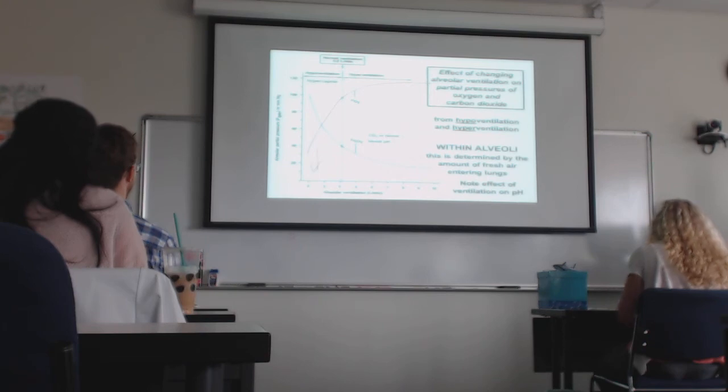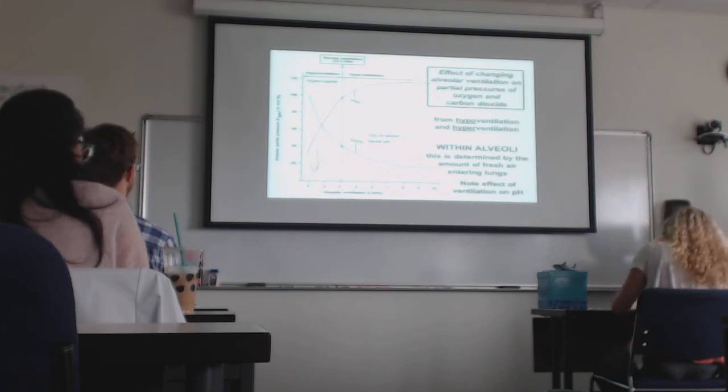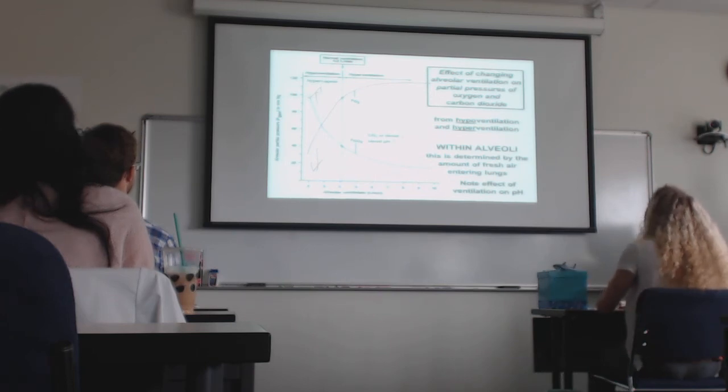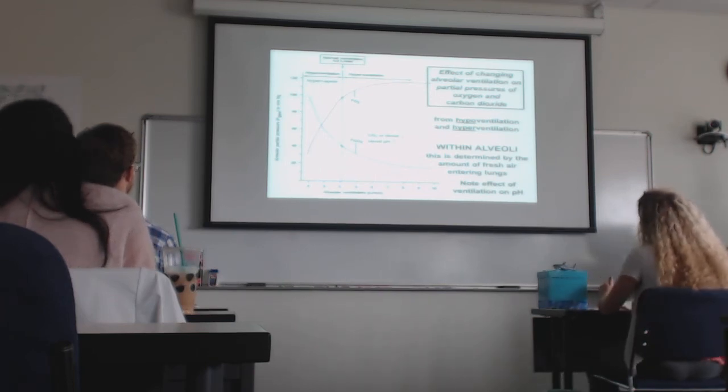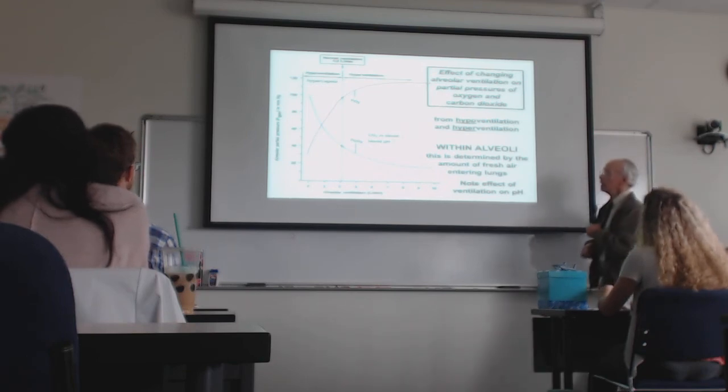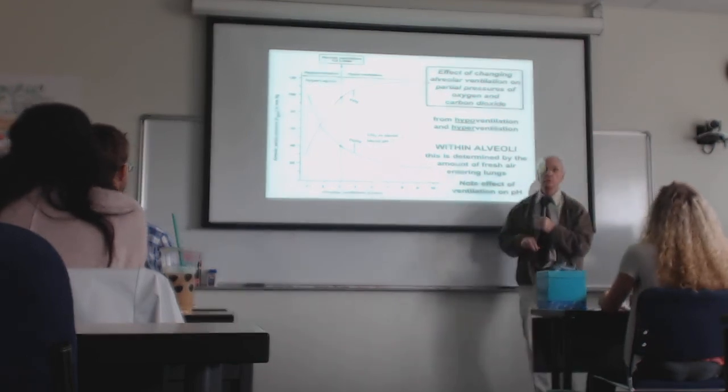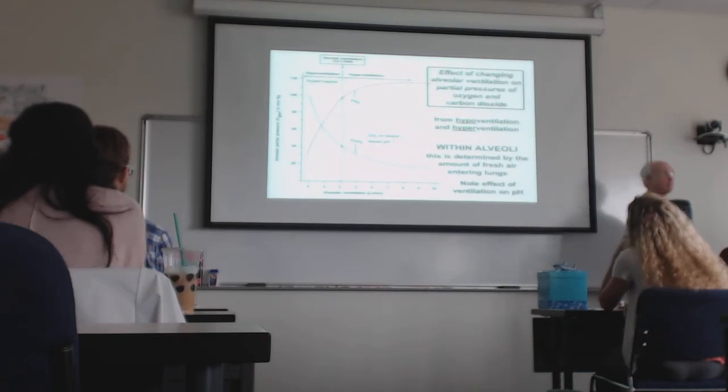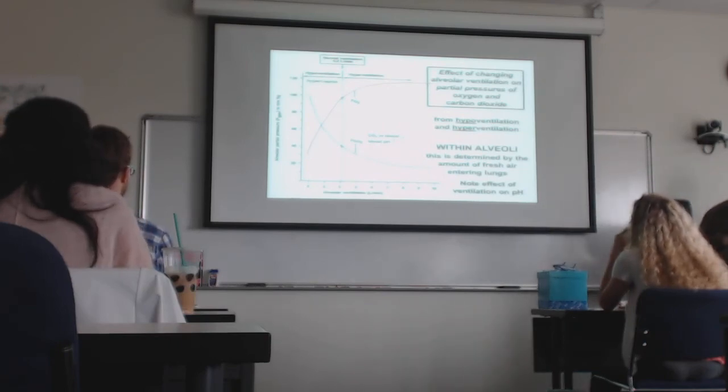Oxygen levels go down, and CO2 levels increase in the blood with respect to the partial pressure. That being the case, and CO2 levels increase, what should happen to blood pH? It's going to drop, right? It's going to decrease, blood's going to become more acidic.